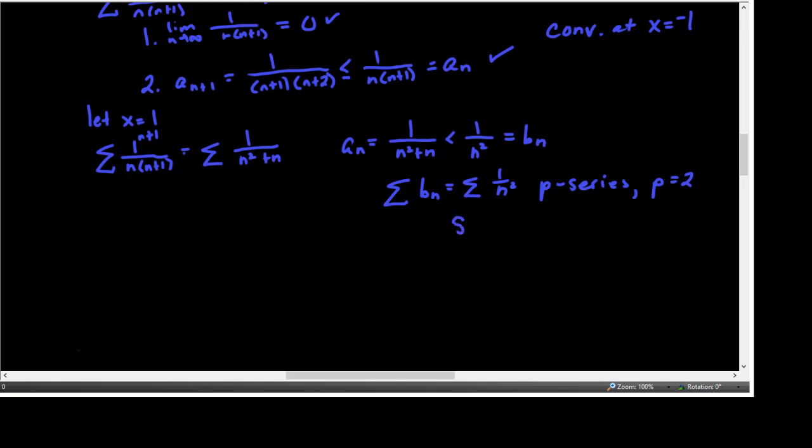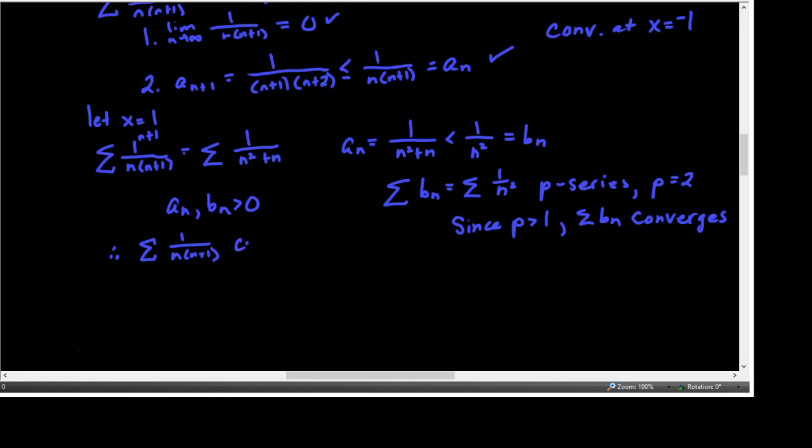Therefore, or wait, since p is greater than 1, sigma b sub n converges. And because b sub n converges and the terms of a sub n are always smaller than that, and both a sub n and b sub n are positive terms only, then we can say, therefore, sigma of 1 over n times n plus 1 converges by what test?